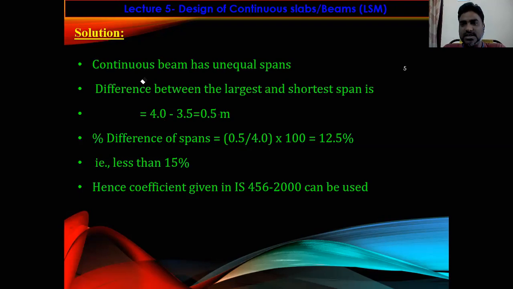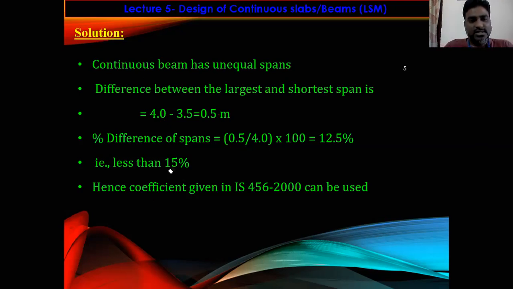The second one is that the beam or slab should carry only UDLs. And the third one is that the difference between any two spans should not be greater than 15% of the longest span, right?